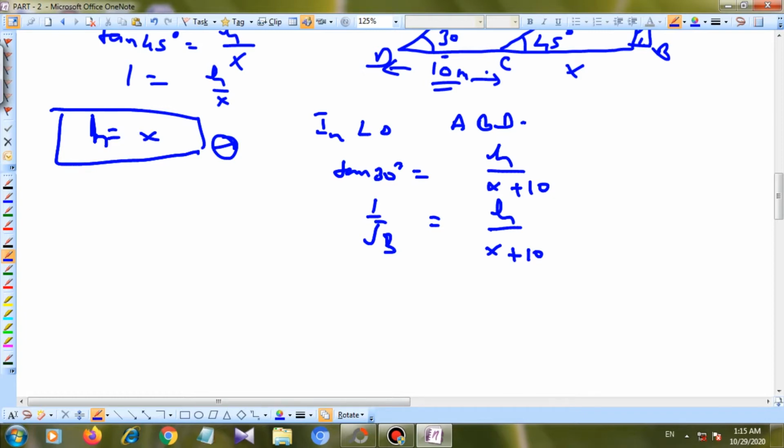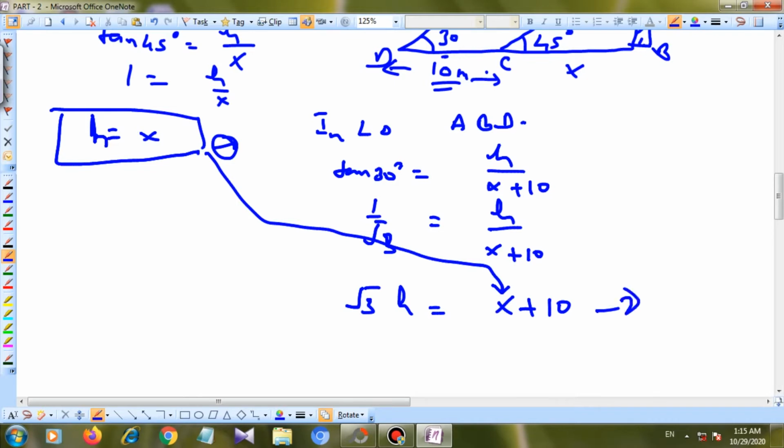Now this will become root 3 times h equal to x plus 10. But x is equal to h. So now put the value of x from equation first, so we will get root 3 times h equal to h plus 10, right?